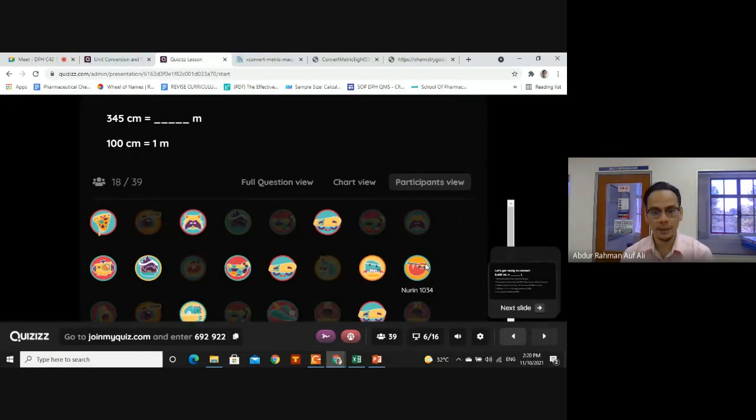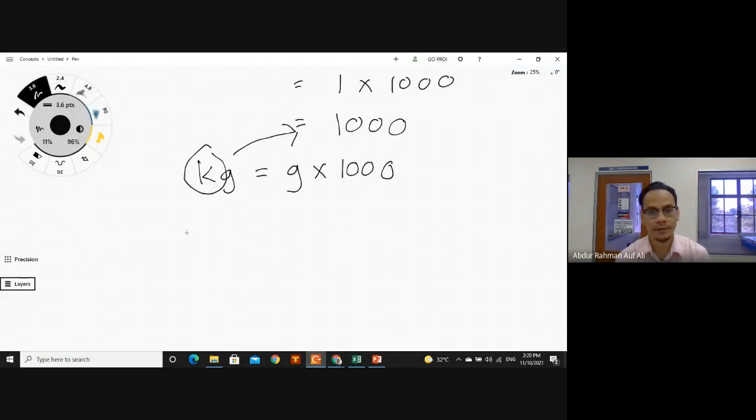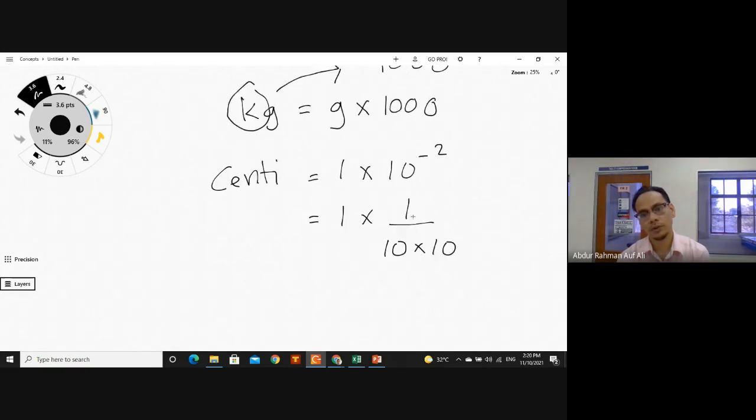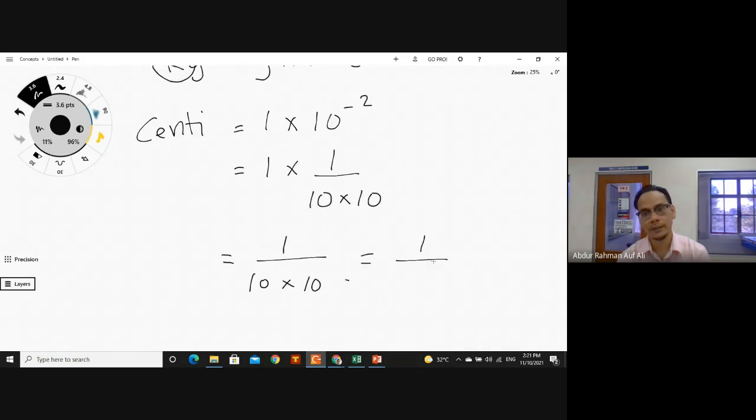So centi here means 1 times 10 to the power of negative 2. 10 to the power of 2 means 10 times 10, so 1 divided by 10 times 10 equals 1 over 100. So centi means 1 over 100.